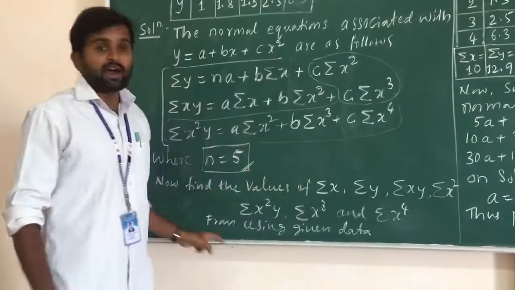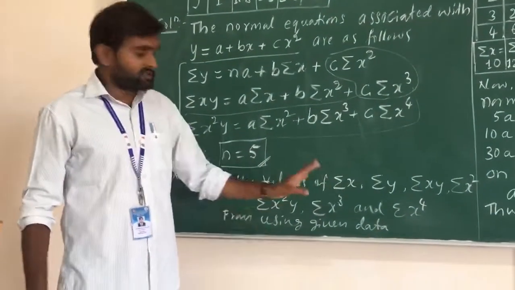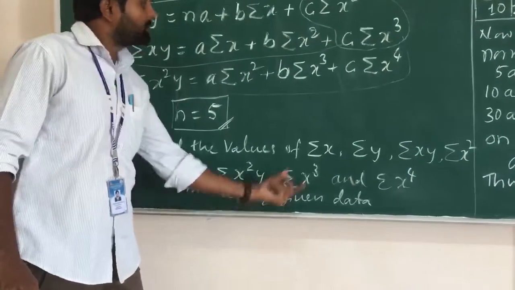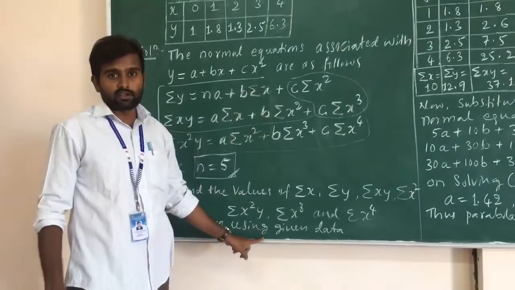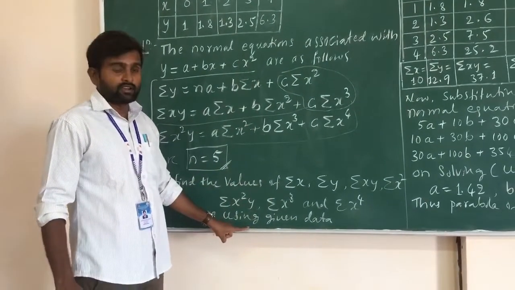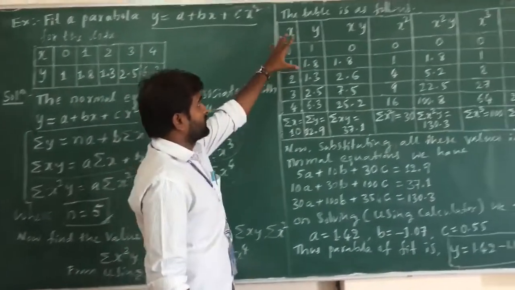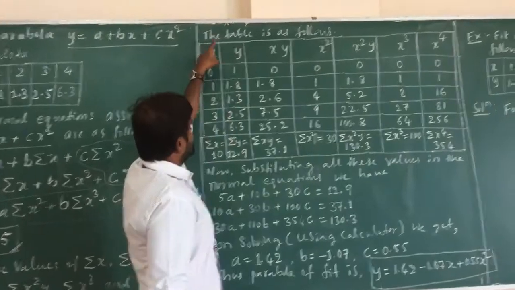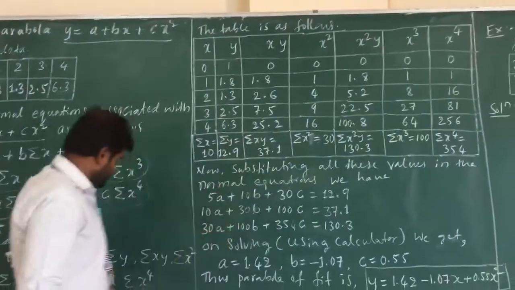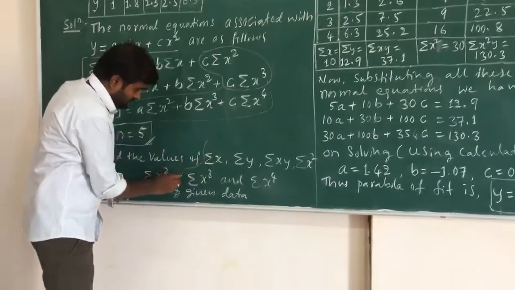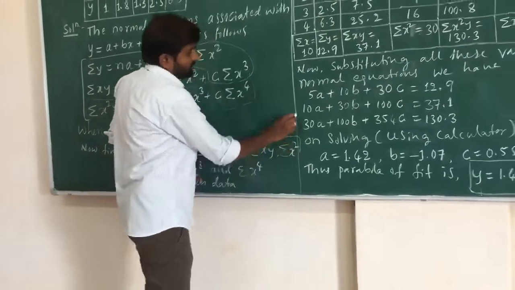We need these values. Using the given data, the given table, we are going to find all these values. Now I am going to present the table as follows, because we need these values. So I am going to use this table.